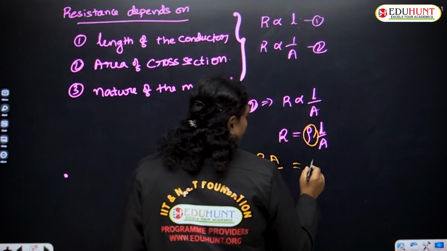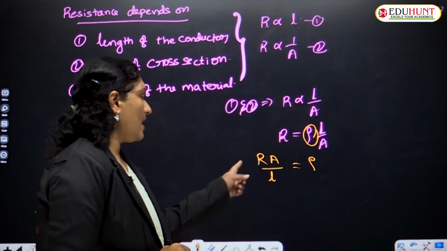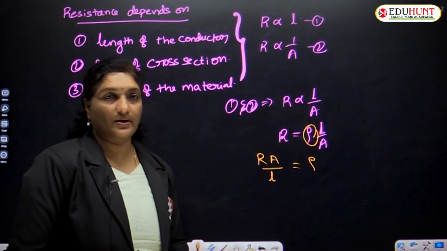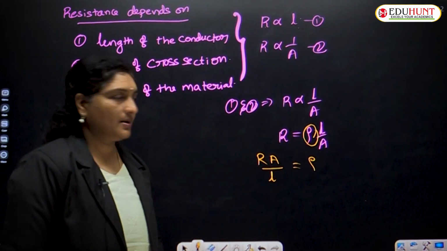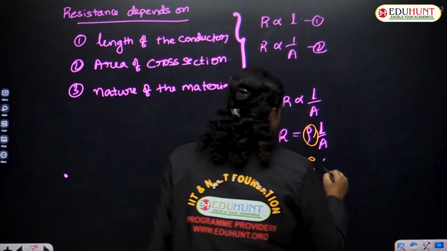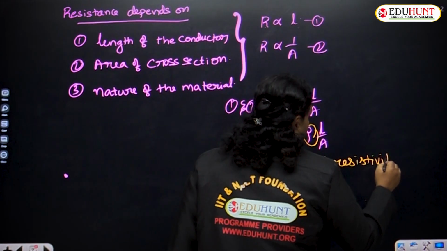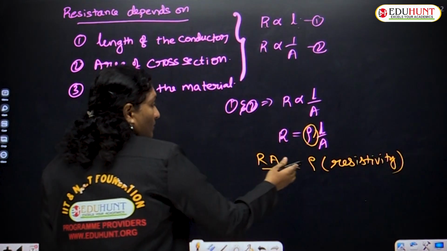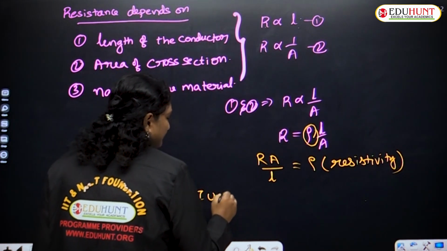So, rho will be equal to RA by L, where R is the resistance, A is the area of cross section of the given conductor, and L is the length of the conductor. Rho indicates the resistivity. Units of rho. What is the SI unit of rho, children?